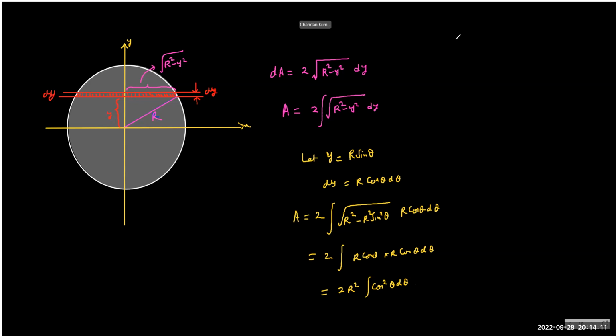Now I'll just show you the separate integration of cos square theta. So what is the integration of cos square theta? We cannot integrate cos square directly, so we write it in terms of cos of double angle: cos 2 theta by 2, and then every term we can write separately. So we can write 1 by 2 d theta and 1 by 2 cos 2 theta d theta. 1 by 2 is outside.